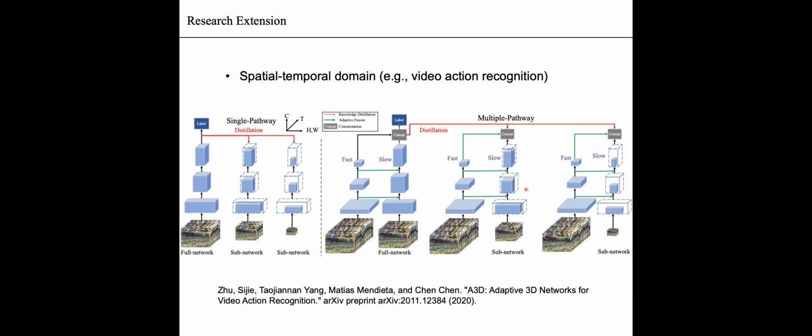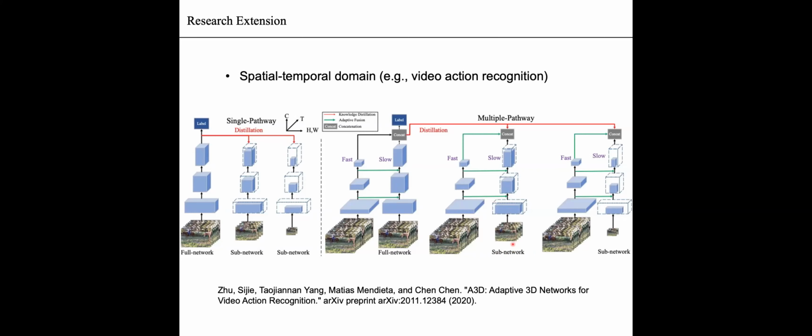I also have another pathway called the slow pathway that is operating at a lower sampling rate and lower resolution, but the network is going to be wider and deeper.